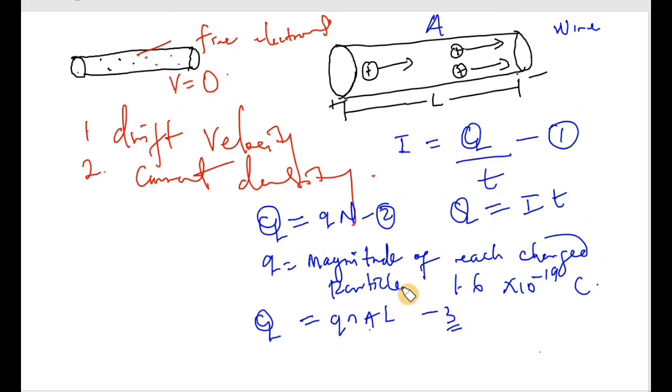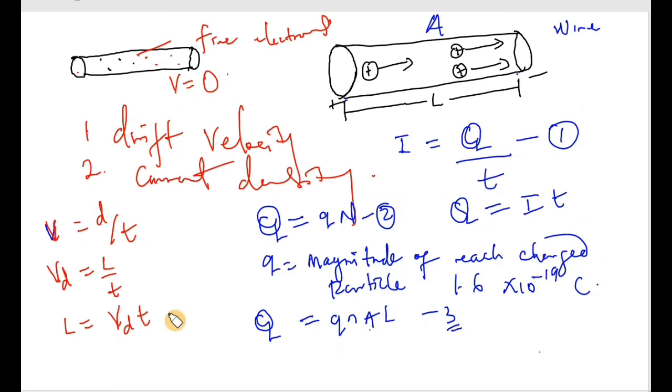Now, if we want to consider the drift velocity, that is the velocity with which the electrons are moving, we know that velocity is displacement upon time. We call this the drift velocity, and the displacement is the length in this direction, so we have v_d = L/t. So L is the product of the drift velocity and the time.